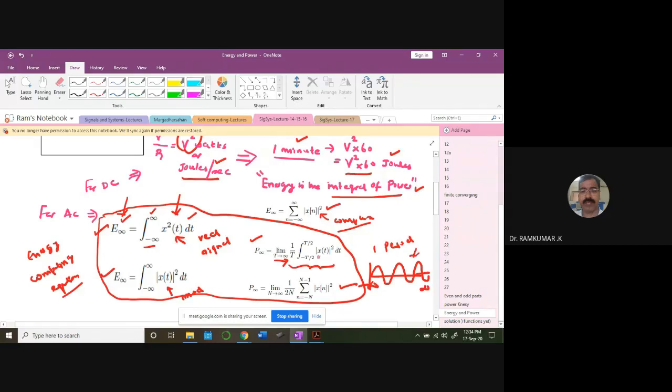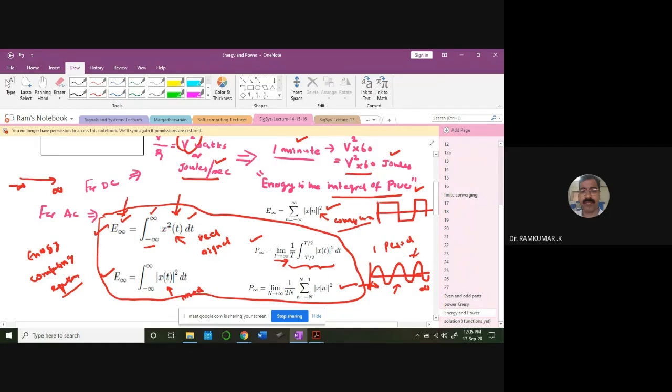If I compute the integral for such a signal, what will be the energy value? Can you compute the energy value for a signal that exists infinitely, from minus infinity to plus infinity?